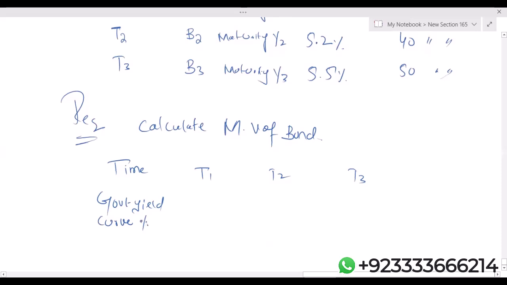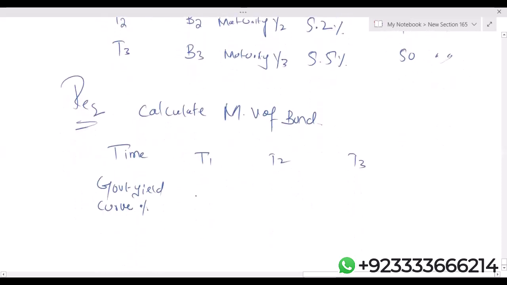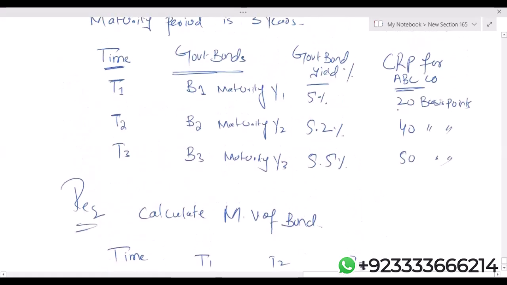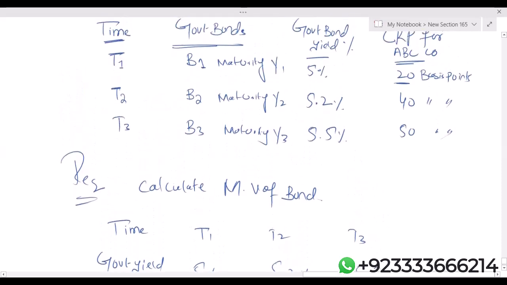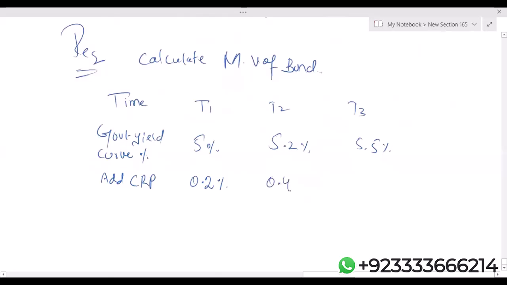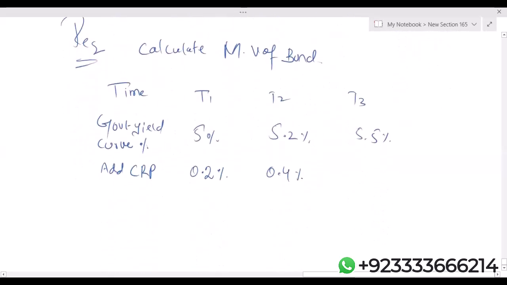Government yield curve percentages are 5%, 5.2, and 5.5. We will add CRP into that. CRP, credit risk premium. Another name for the CRP is default risk premium. 20 basis points means 0.2%, because 20 divided by 100. 40 basis points means 0.4%. 50 basis points means 0.5%. Now you will get YTM for each year.